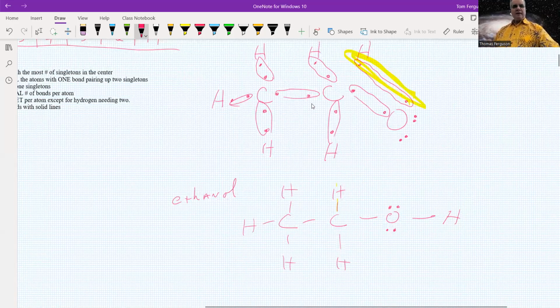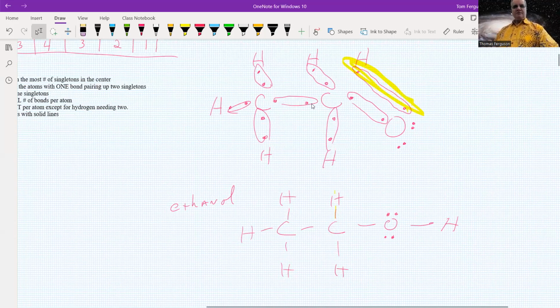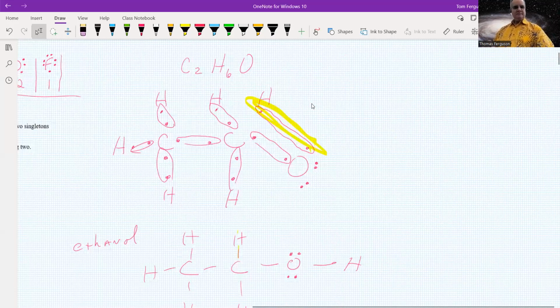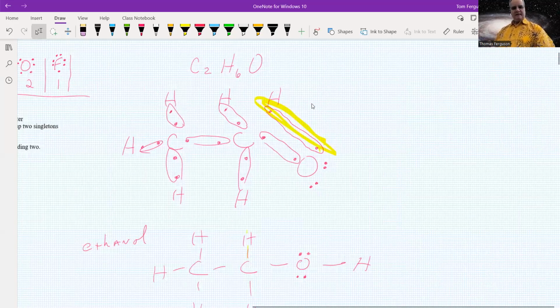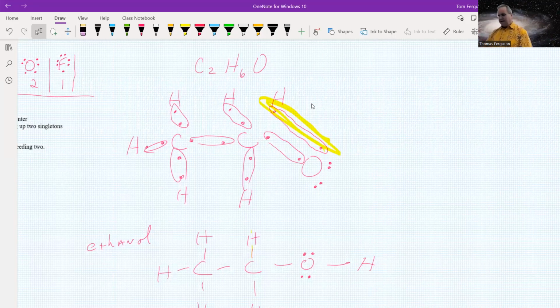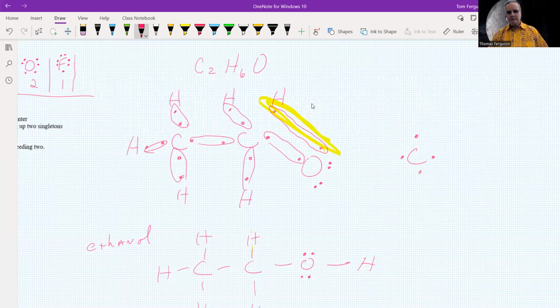Now we're going to do an alternate structure. Let's do that over here. Carbon, as you already mentioned, has 4 singletons, so it goes in the center. But we're going to position the oxygen between the two carbons in this case.